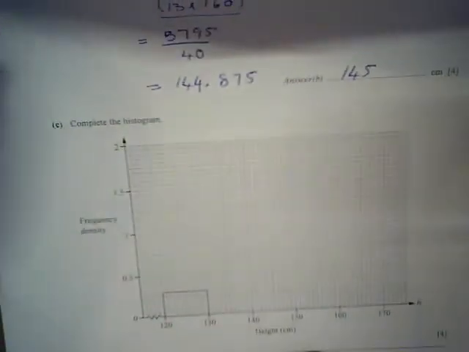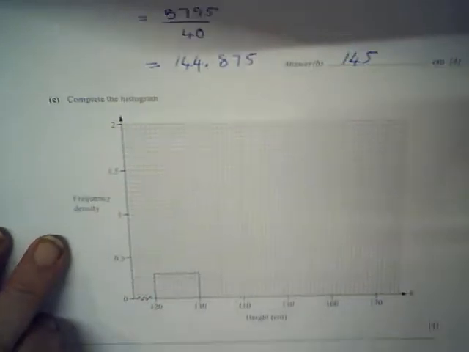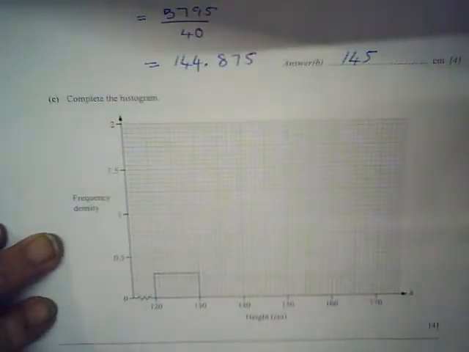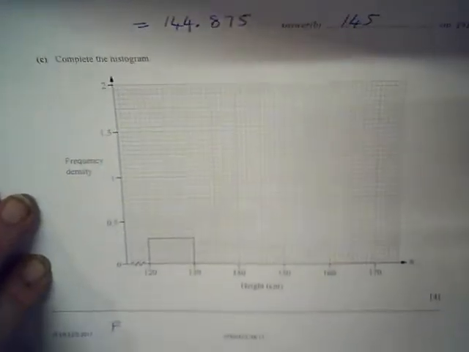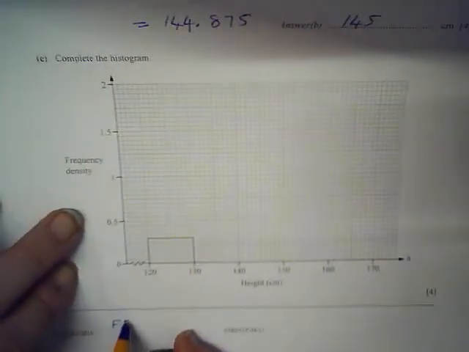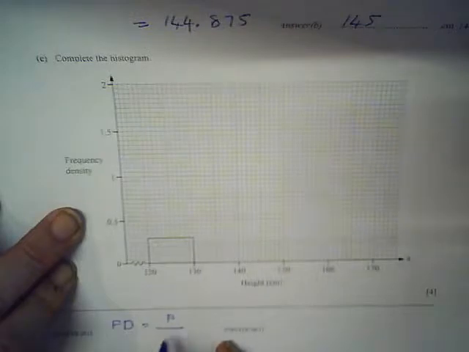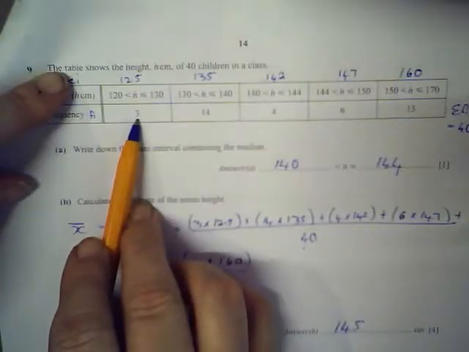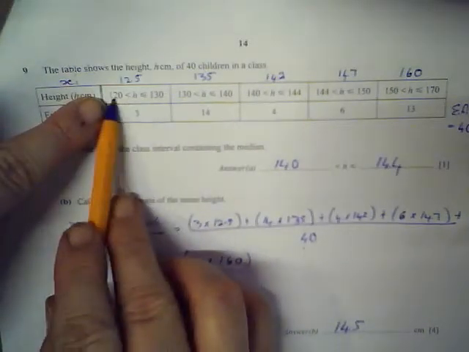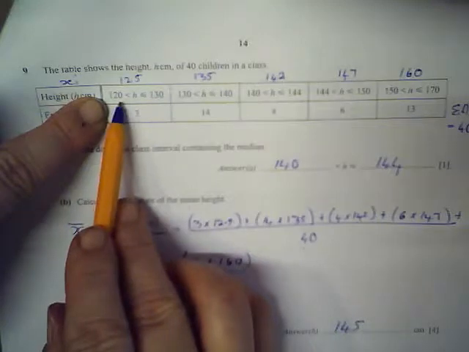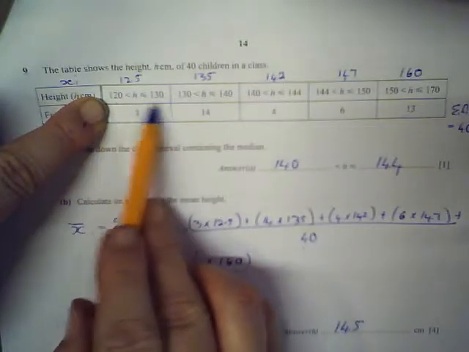Okay, complete the histogram. We know that the histogram has a frequency density over the height. And what is frequency density? Frequency density is frequency over my class width. Okay, so it would be frequency over class width, and the class width there, 150 minus 120, would give me 10.